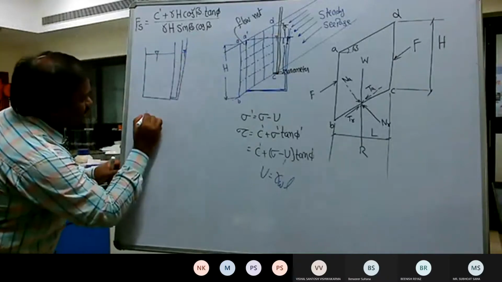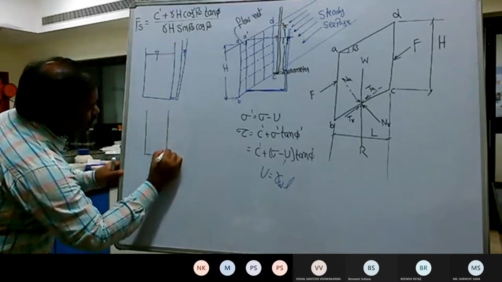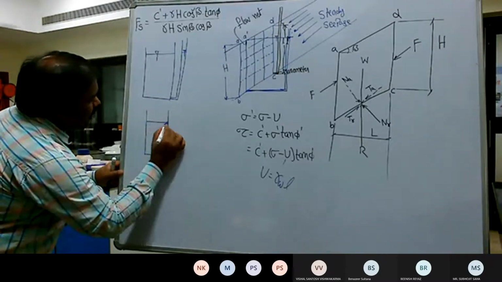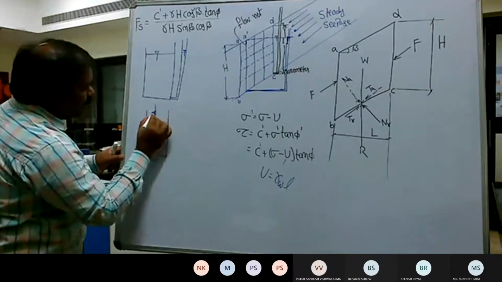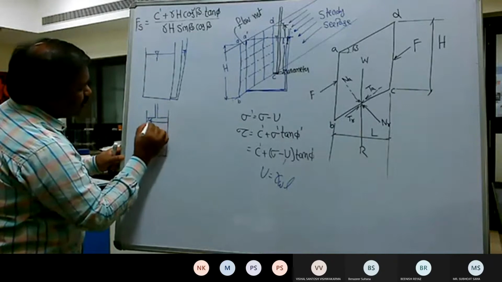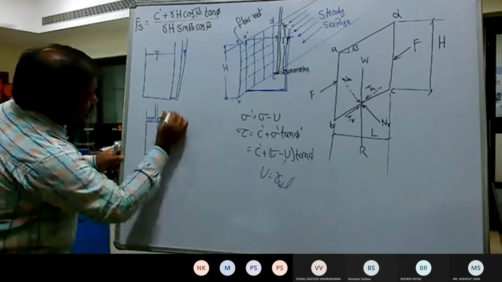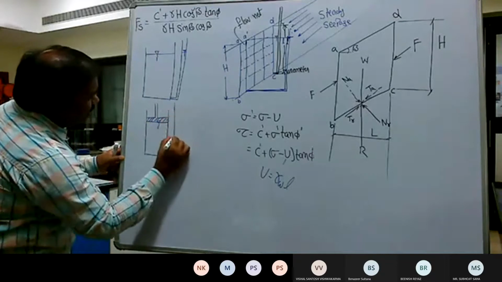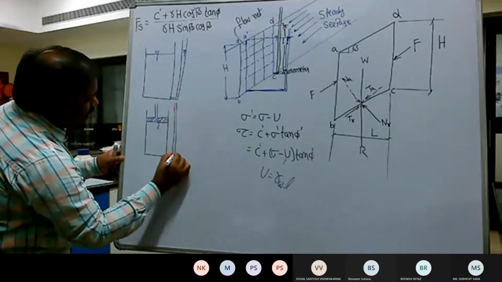Now I will take the second condition. Okay, now this is the initial water level, but I put some overburden weight, or some surcharge load. This is water, this is surcharge. Now in this case, up to what level does the water rise?